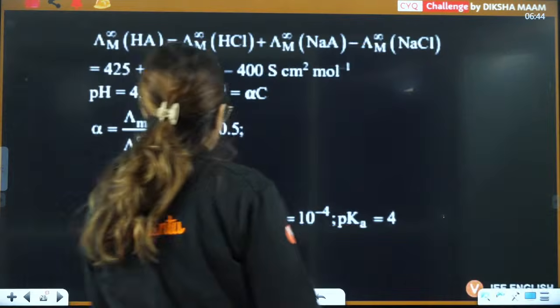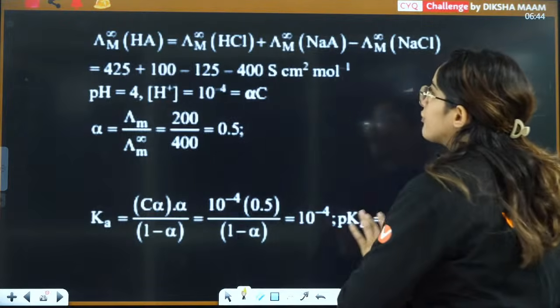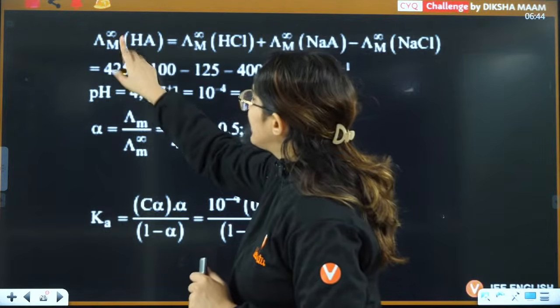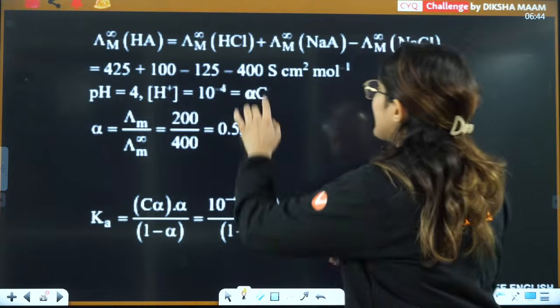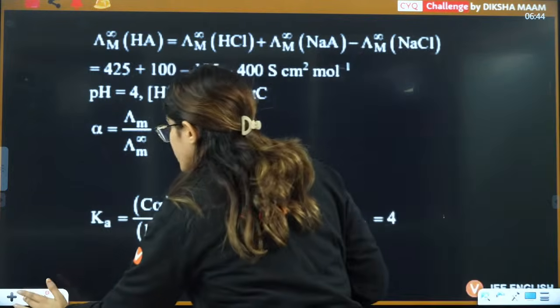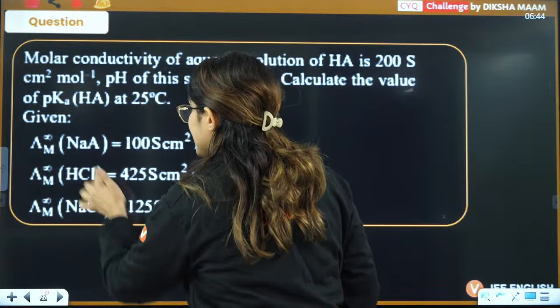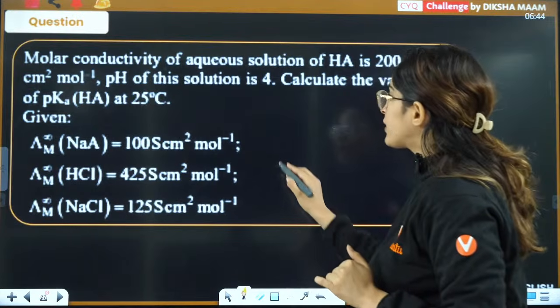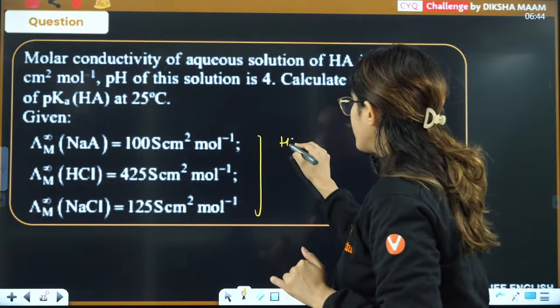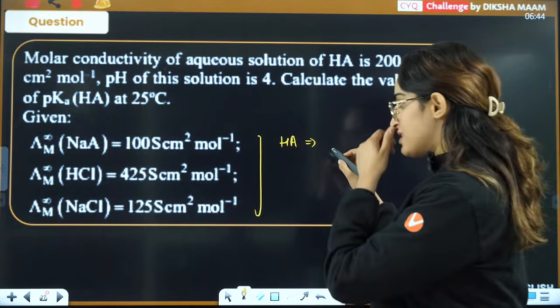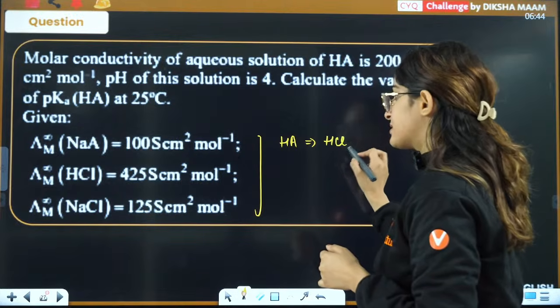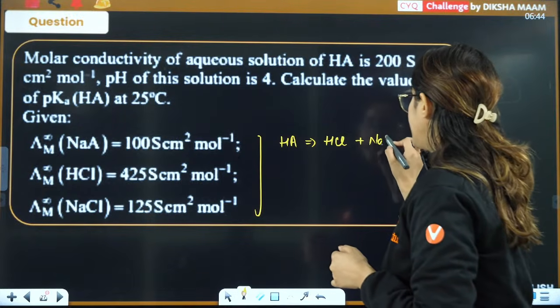Firstly we'll calculate the value of molar conductivity at infinite dilution. For HA it is nothing but HCl. So what all the molar conductivities you have, HCl, NaCl and NaA. So you want to calculate the value of HA from here. How do you do that? HA will be, you have to have H also, that means HCl, A also, that means NaA.